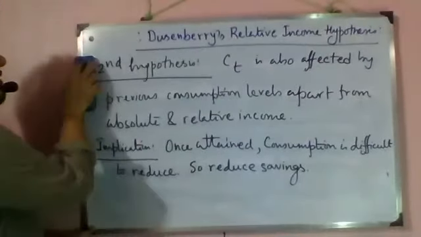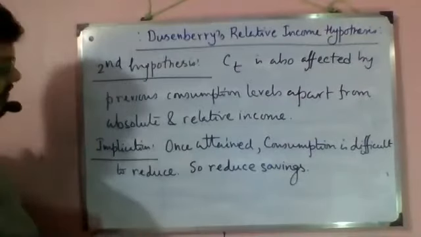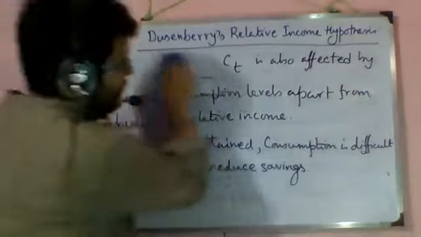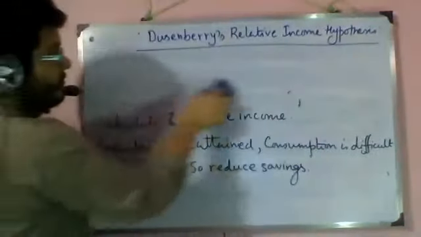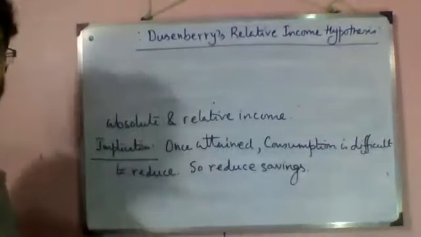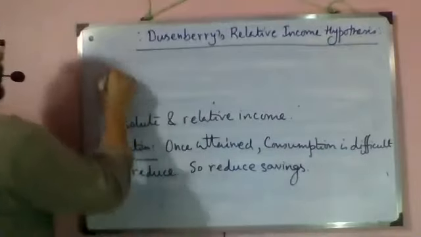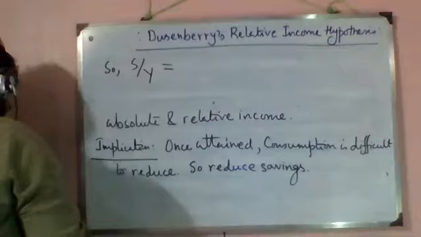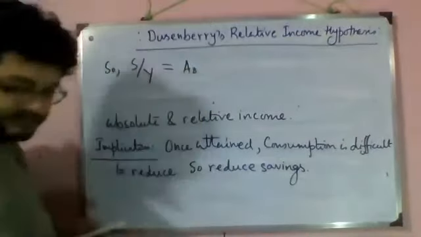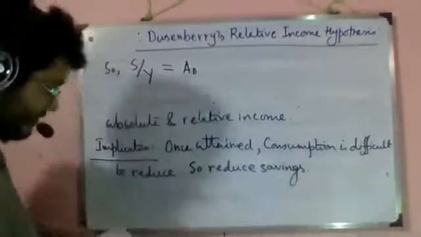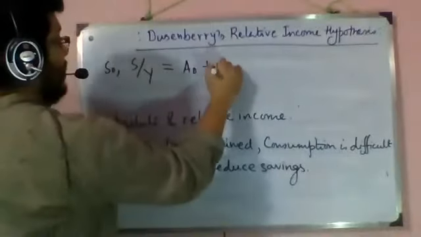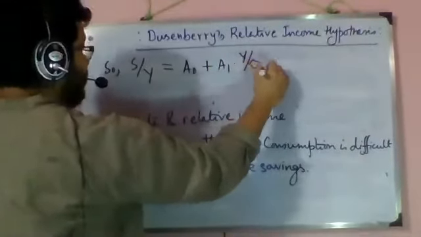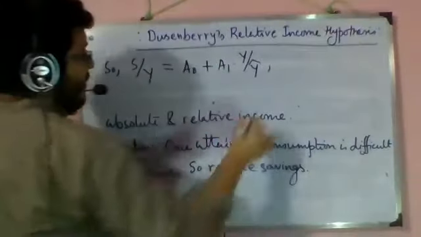Now, we will bring in a simple savings function which obviously satisfies what we just talked about. So S by Y, that's our APS, is A naught plus A1 into Y by Y hat, where two things must be mentioned.